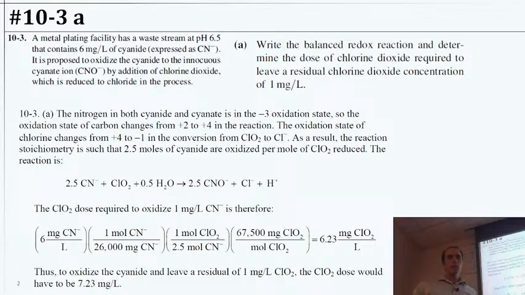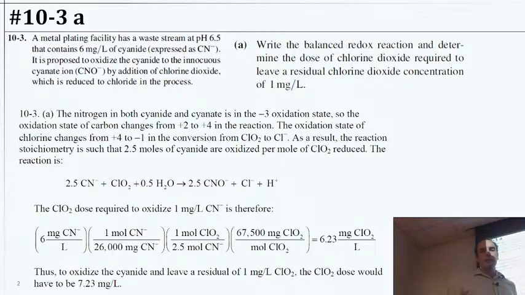It contains 6 milligrams per liter of cyanide, expressed as CN-, and we are proposing to oxidize that to an innocuous cyanate ion, CNO-. I'll note that that is a completely different thing than CN. So HCN and CN- are in equilibrium, which has nothing to do with the CNO stuff. And the chlorine dioxide is reduced to chloride in the process.